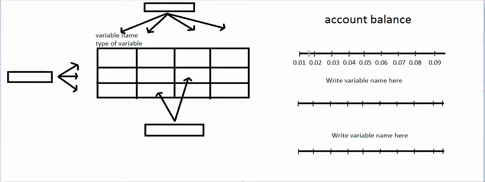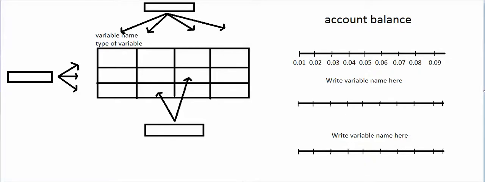Once you get over here, I'll give you an example of a variable, maybe something like account balance, and then I'll have a number line like this one. These are some different possible values: 1 cent, 2 cents, 3 cents. What I want you to do is to try to make a diagram here to decide if it's a discrete or a continuous quantitative variable.